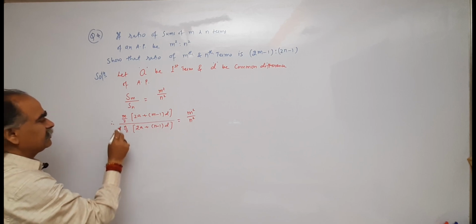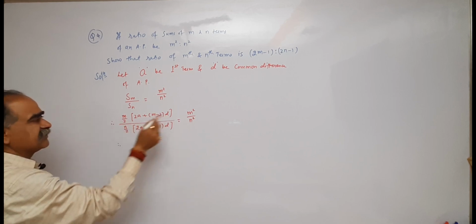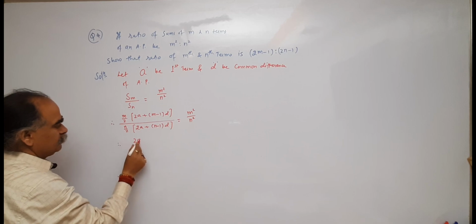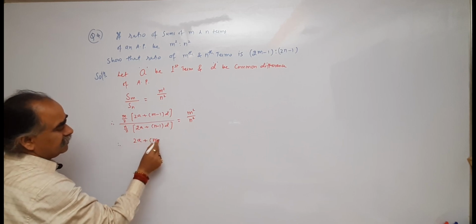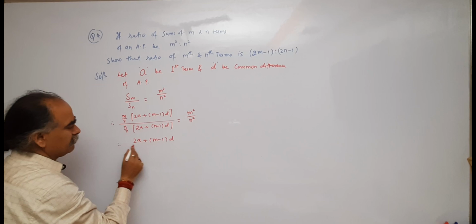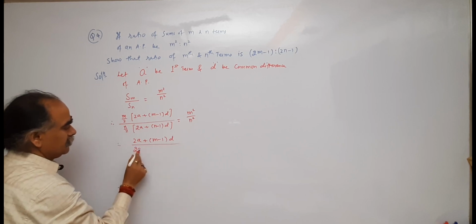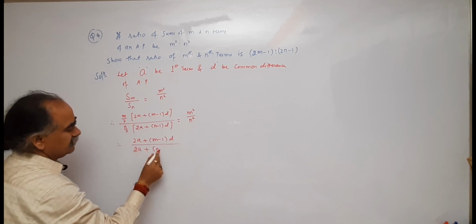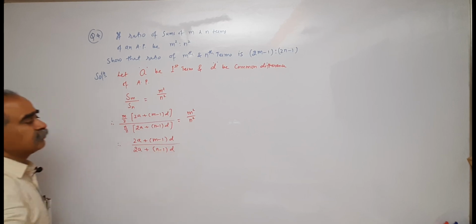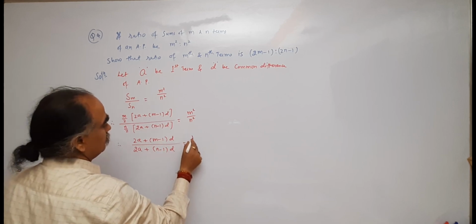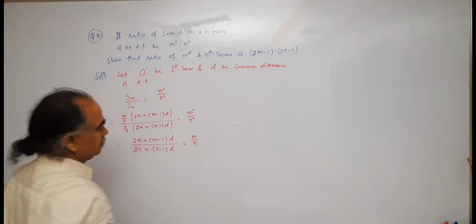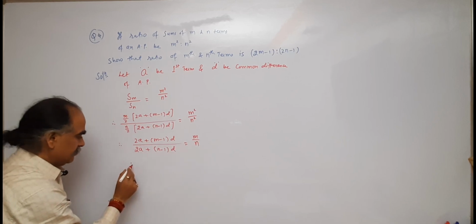Now this will give you what? M by 2 cancels. So 2a plus m minus 1 into d upon 2a plus n minus 1 into d is equal to m by n. Now cross multiply.